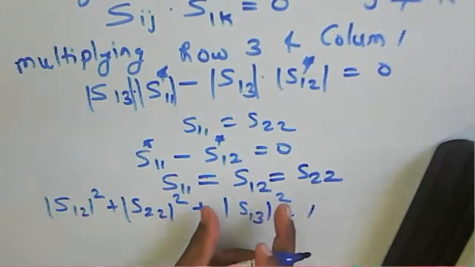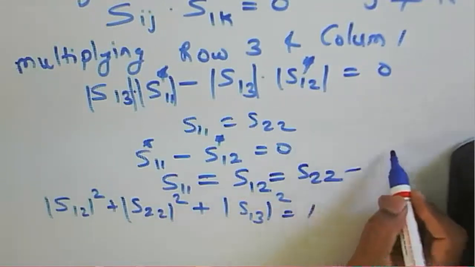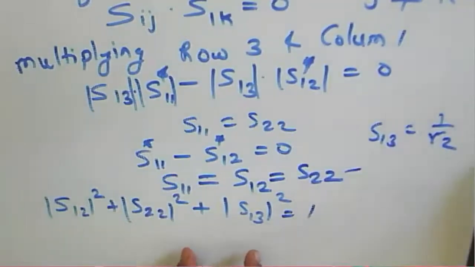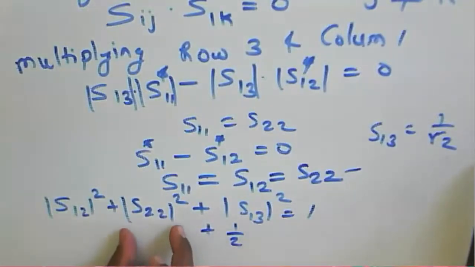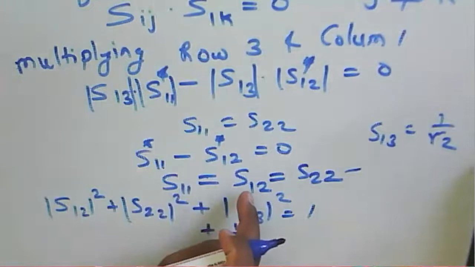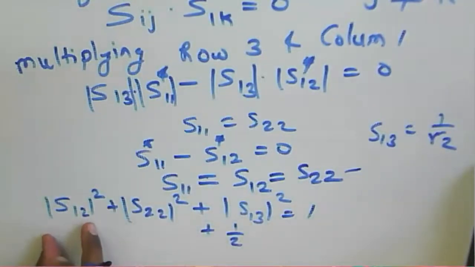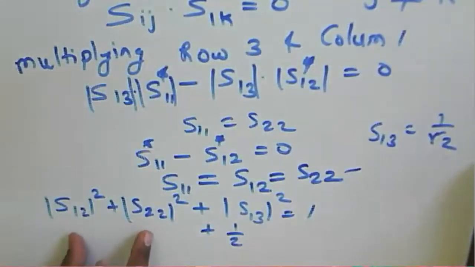If you put these values, and earlier we obtained that S13 is equal to 1 by root 2, so it will be 1 by 2. And S22 is equal to S12, so this S12 and this S12, so 2 S12 here.